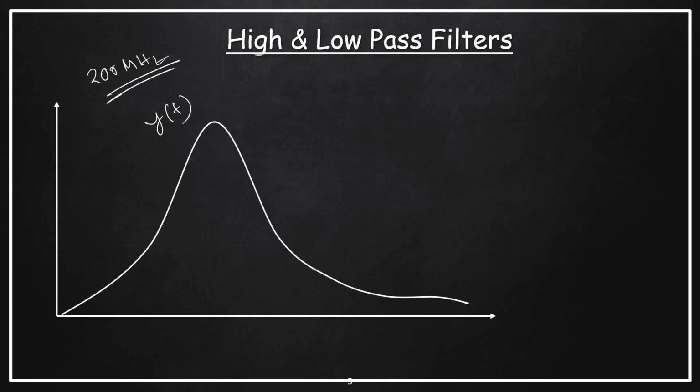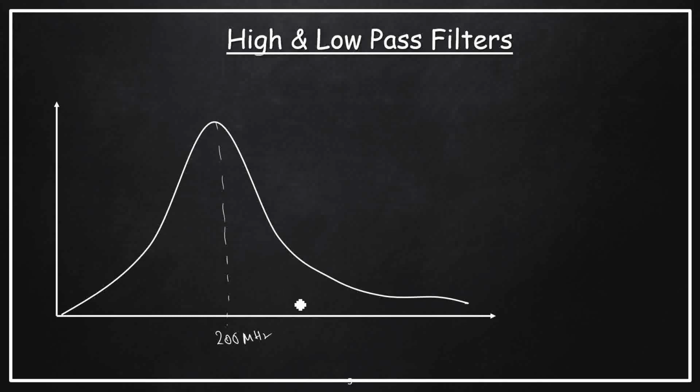In a real scenario, it will be more undulated like this, more undulated than this curve. But neglecting that, let's consider it as bell-shaped. This peak, obviously, let's say is 200 megahertz.